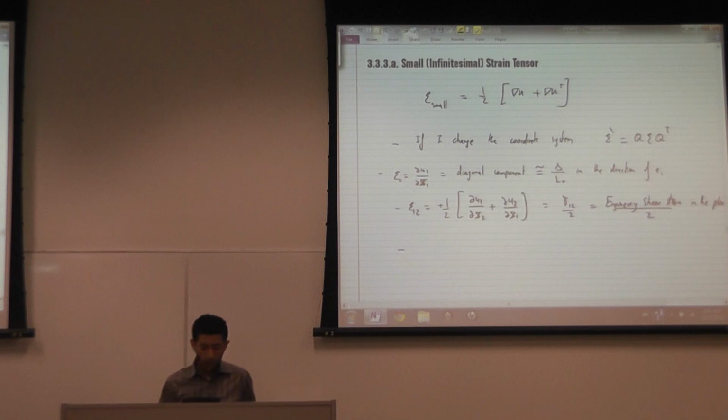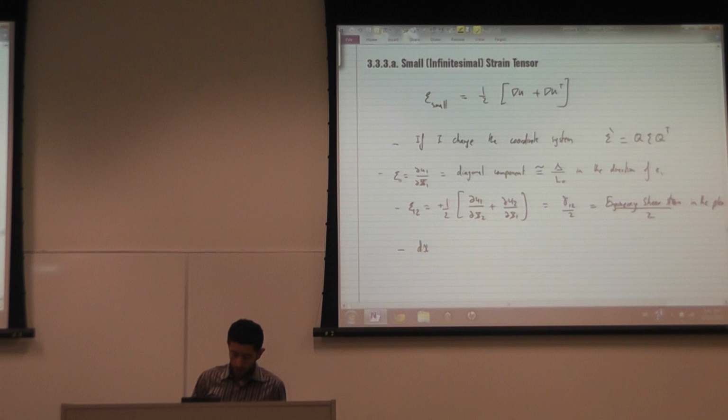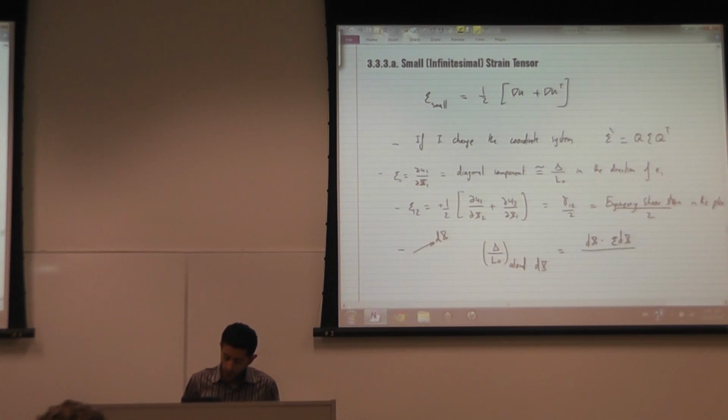If I have any other vector dx, then the strain delta over L naught along the vector dx can be obtained by simply taking dx dot epsilon dx, divided by norm dx norm dx.